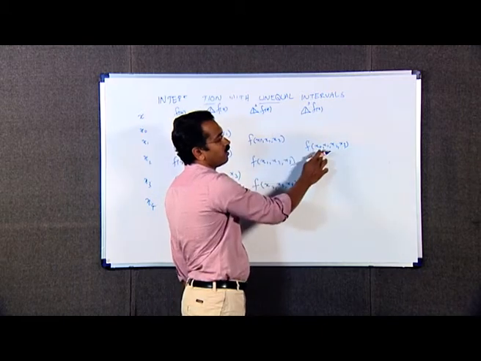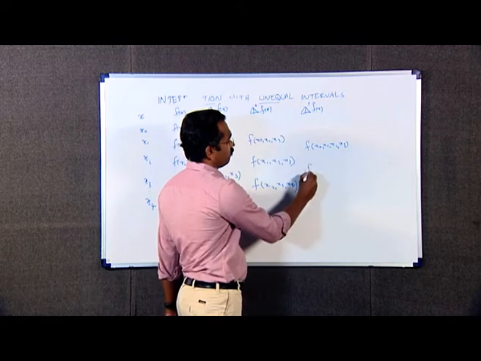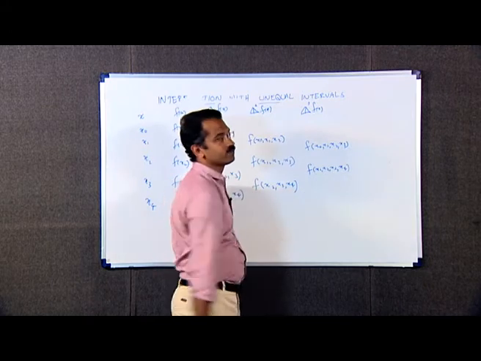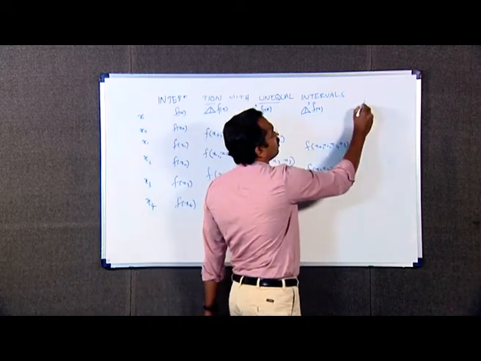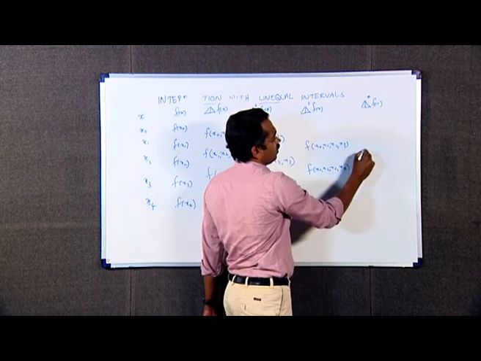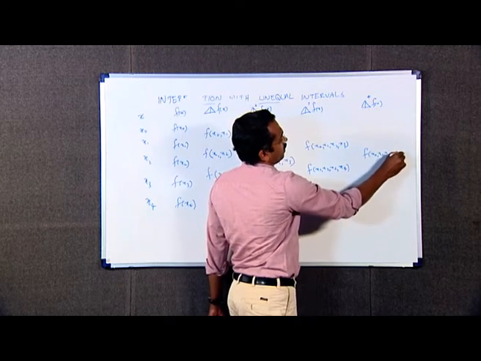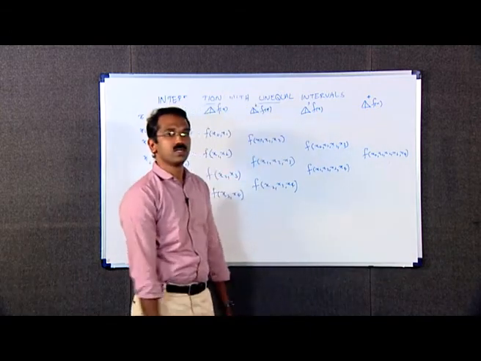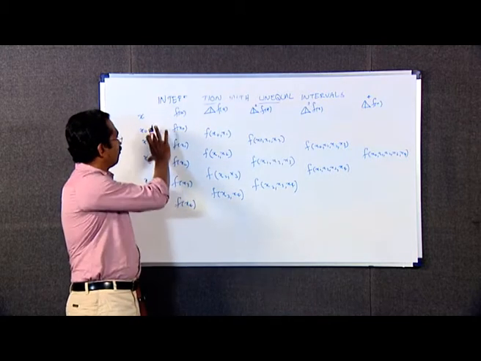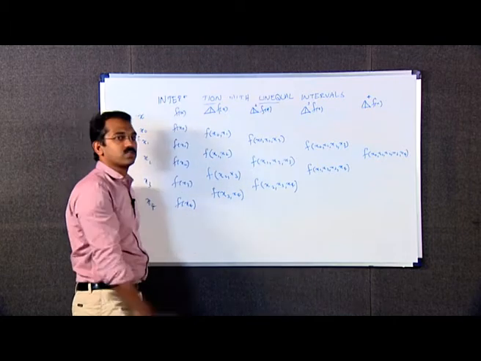For third order, we have to use the 4 arguments. Here f of x1, x2, x3 and x4. The fourth order divided difference is f of x0, x1, x2, x3 and x4. This is the divided difference table corresponding to 5 arguments and the 5 function values.